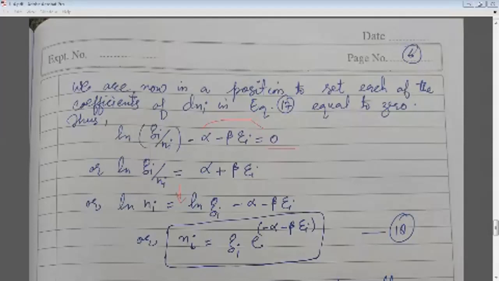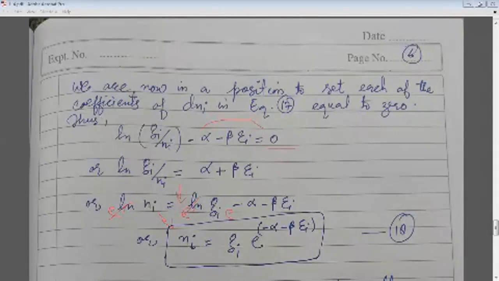Or we can simply multiply by the exponential, and this will go, and for this the exponential will remain. So ln and exponential, it will turn out to be this equation. That means ni will be equal to gi e superscript minus alpha minus beta ei.